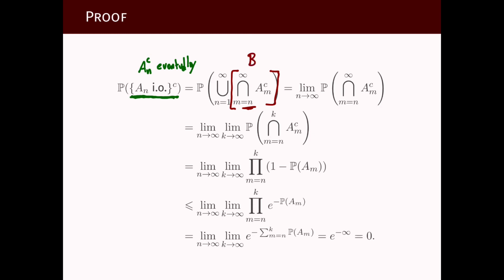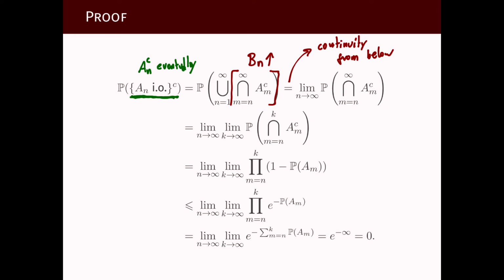If we call this set B_n, then B_n is non-decreasing. And if we take the union of a non-decreasing sequence, well, we have this property. This will be continuity from below. So we can compute the probability of this union by a limit.